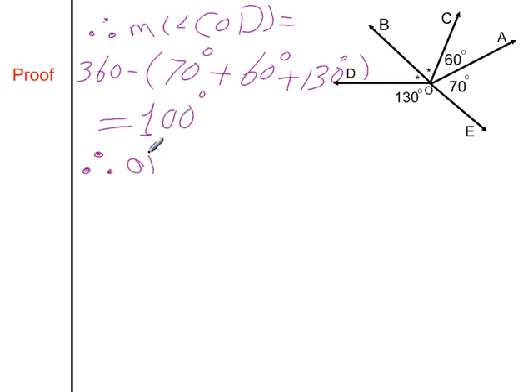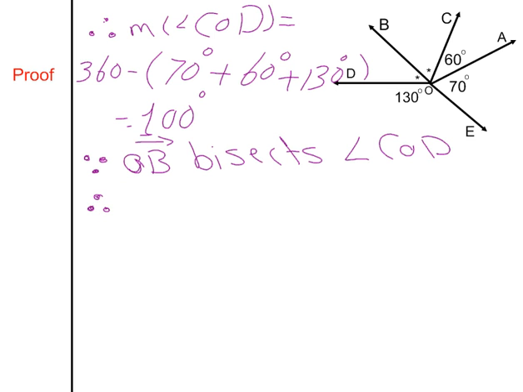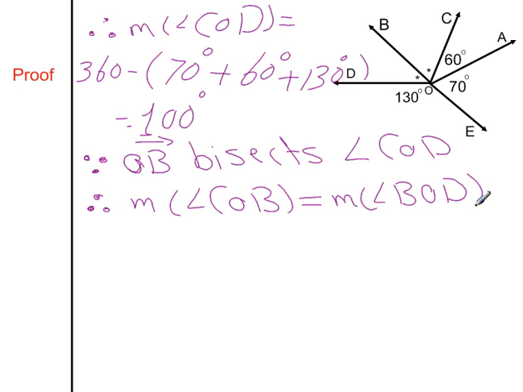Since ray OB bisects the angle COD, therefore the measure of the angle COB equals the measure of the angle BOD. Each one of them equals 50 degrees.